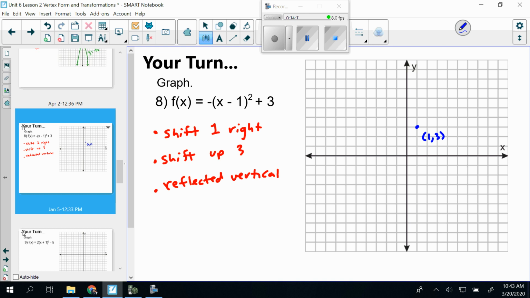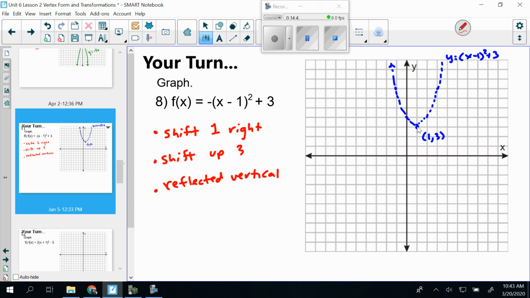We'd have a point over 1, up 1, left 1, up 1, over 2, up 4, over 2, up 4. And that kind of gives us an idea. Now this isn't our final one, remember. This would be the graph of y equals (x minus 1) squared plus 3, but we want that negative now.